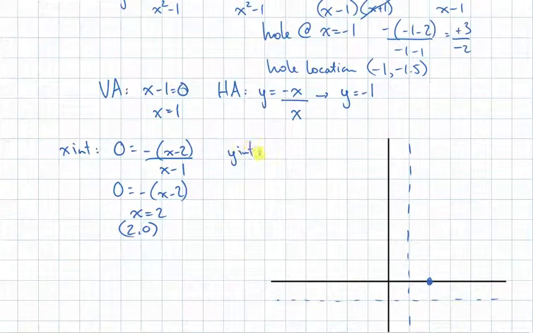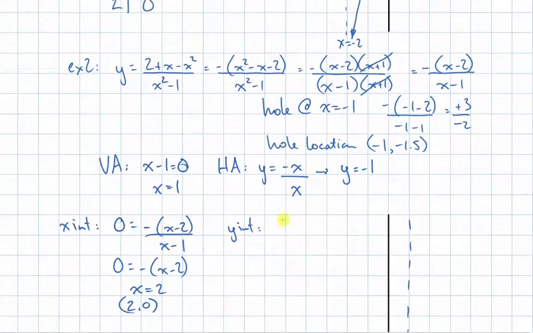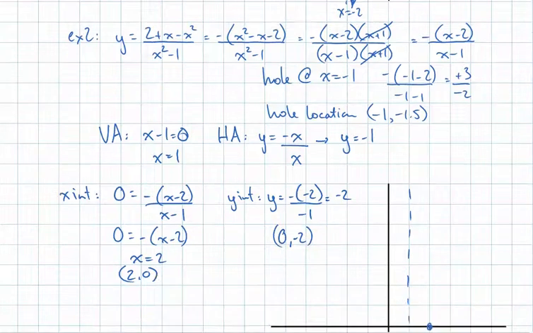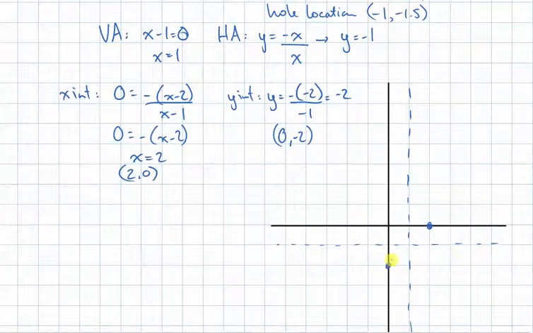Y-intercept when x is 0. So I get y equals negative bracket 0 minus 2 over 0 minus 1, which is negative 2. So it's the point 0 comma negative 2. Plot it right there.